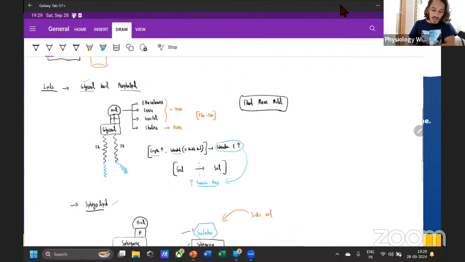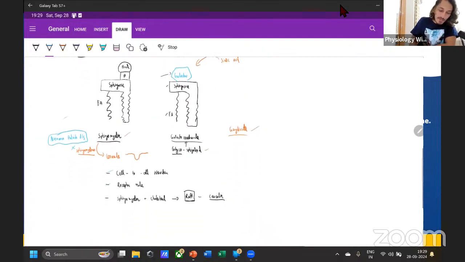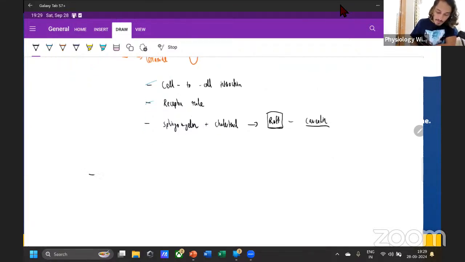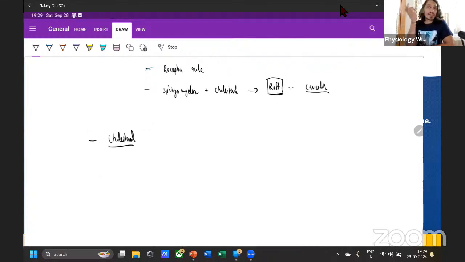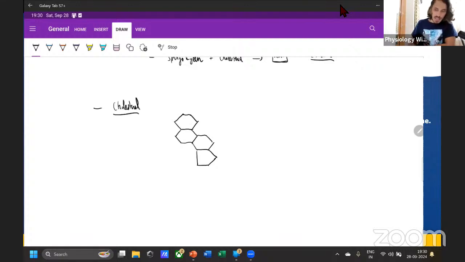Okay, so we talked about one type of lipid, that is glycerol-based phospholipid. Two, sphingolipid. The third category that we have to talk about is your cholesterol. So cholesterol has an area like this, which is basically a sterol ring.